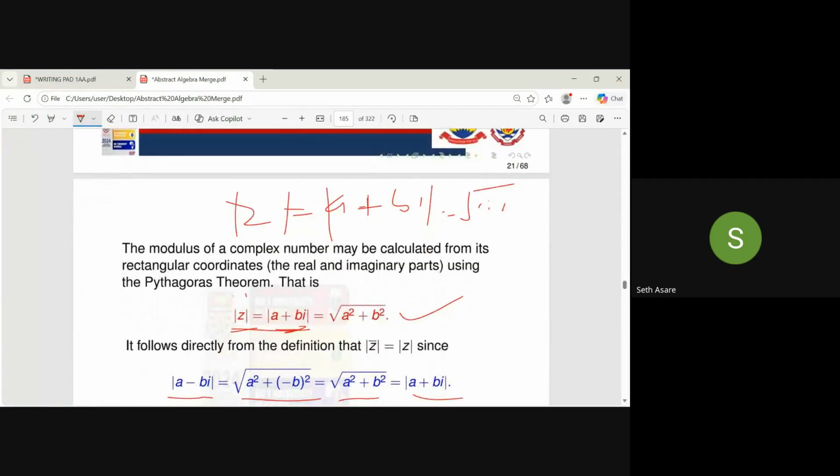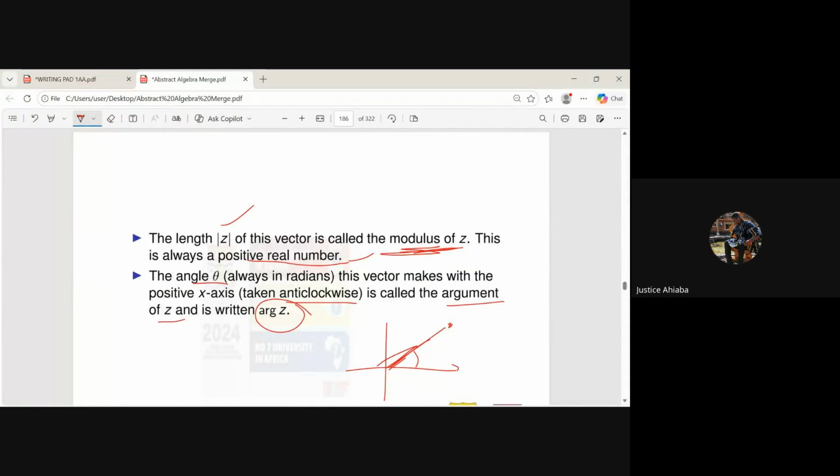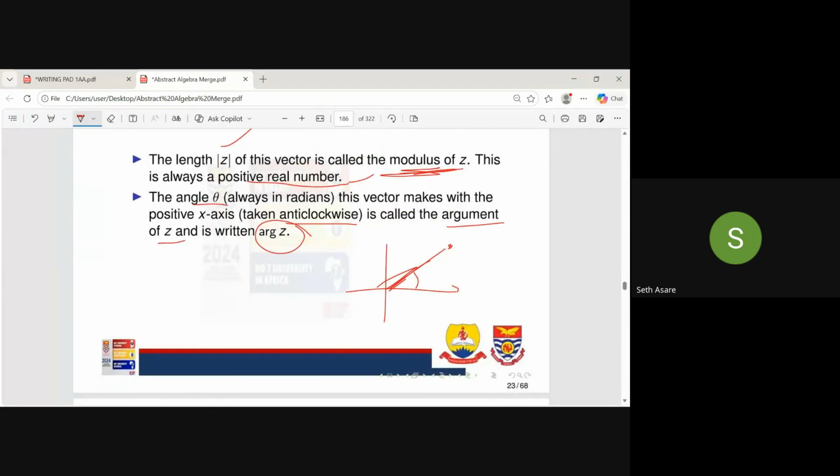Augment. Sir, but why are you pronouncing that word as augment? How do you pronounce it? I'm seeing it as argument. Exactly. The G is silent. Okay.